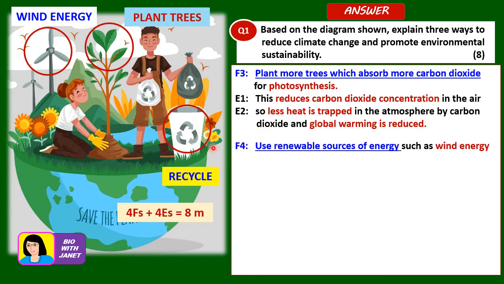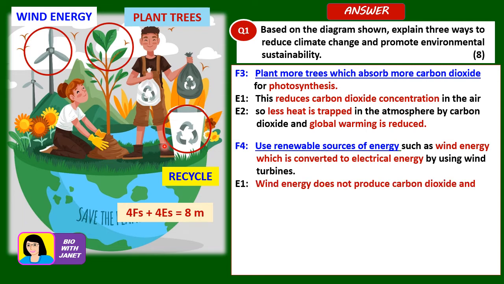Now, the next fact, the last fact, is to use renewable sources of energy such as wind energy, which is converted to electrical energy by using the wind turbines. Okay, and this wind energy does not produce carbon dioxide, and so it can replace the burning of fossil fuels to generate electricity.